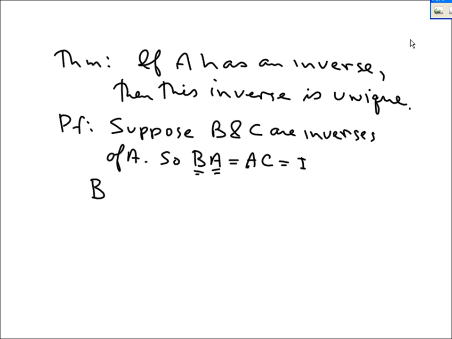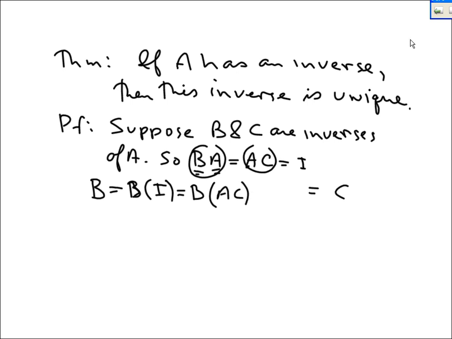Now B is equal to, and I want to show that it equals C. Well, B is equal to B times the identity matrix. Nobody's going to argue that. But the identity matrix, yes, it's BA, but now I'm going to say it's AC. And we're multiplying three matrices. Matrix multiplication has the associative property.